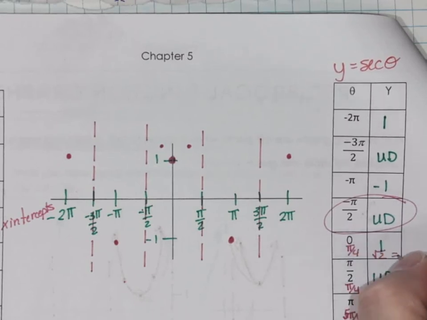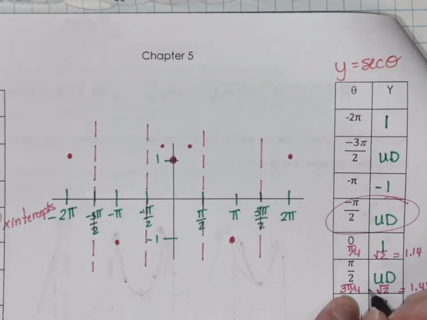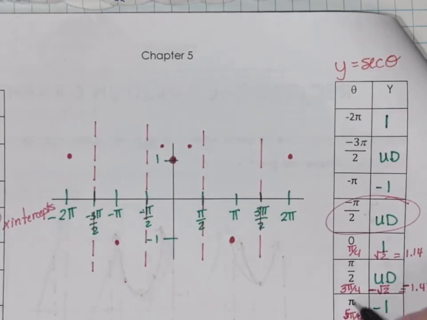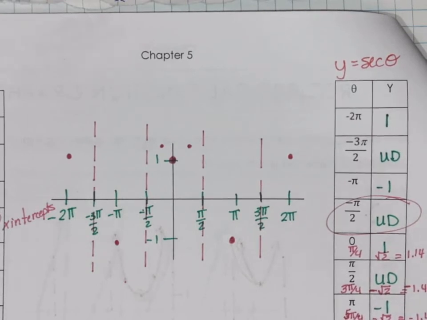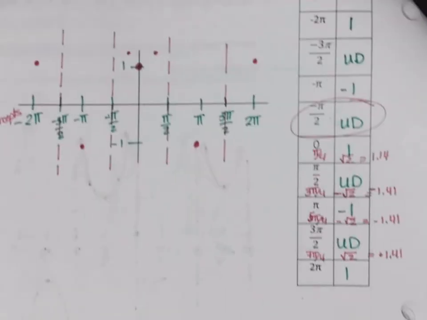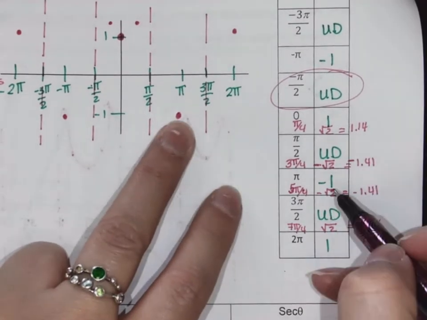This will also be a negative root 2. And then this one would be 7 pi over 4, which would be a positive root 2, which is a positive 1.14. So here, wrapped around the pi, on either side of the pi are the negative 1.4s. So it still follows the same pattern as our sine graph.